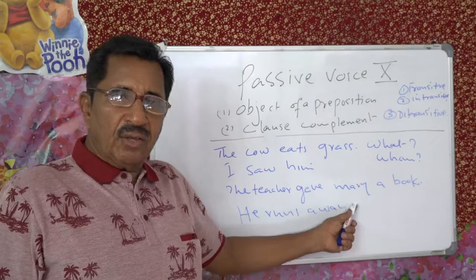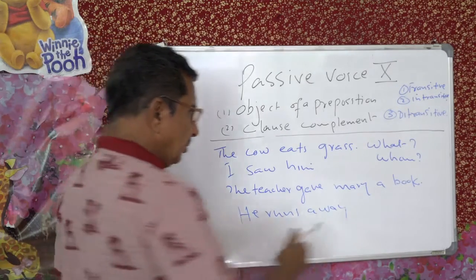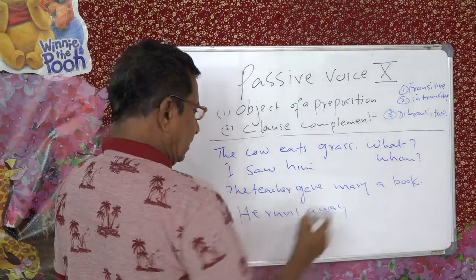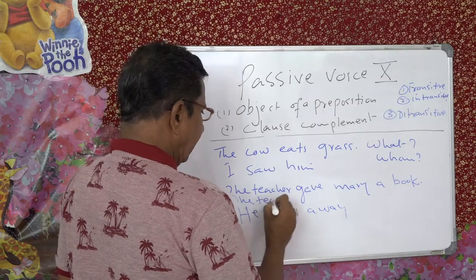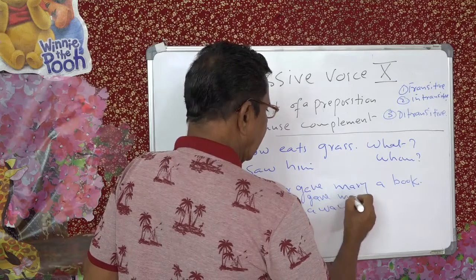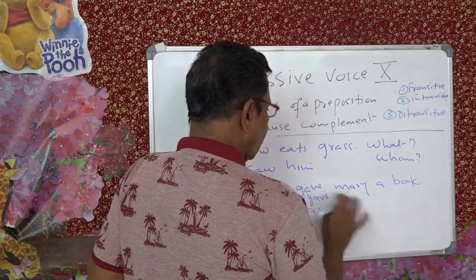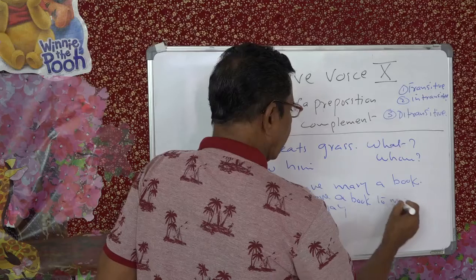It is supposed to be "to" here, but since this word is used before the direct object, you don't use "to". Otherwise, the sentence should be written like this: the teacher gave a book to Mary.